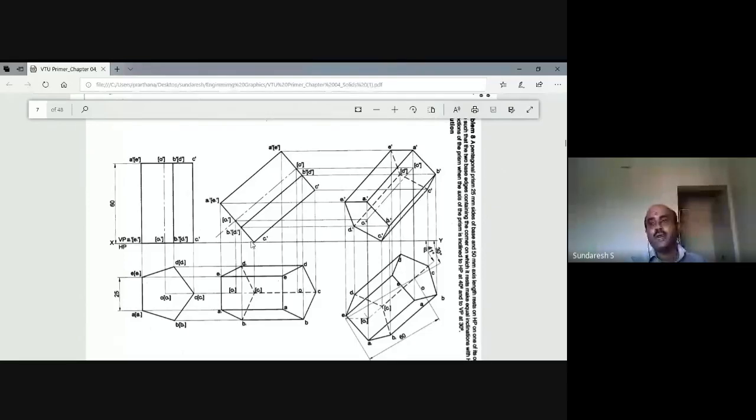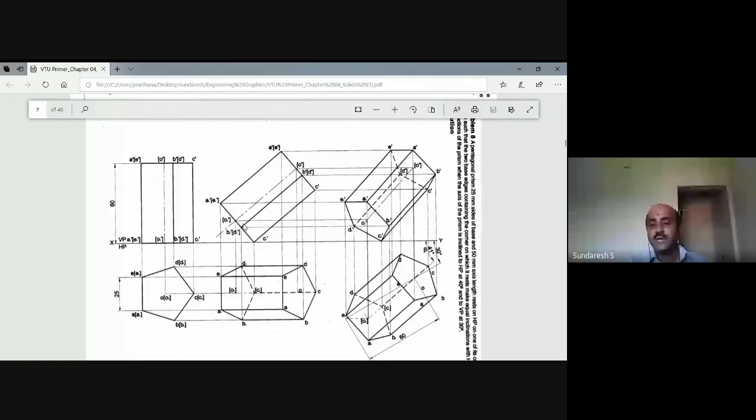So therefore, what you can do here is, first you draw this edge, that is C dash and C1 dash, such that C1 dash should be on the XY line. So first mark C1 dash on the XY line, anywhere on the XY line.